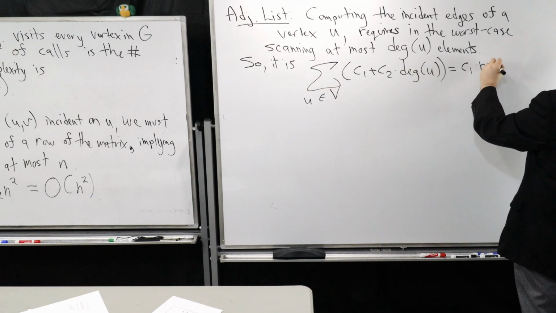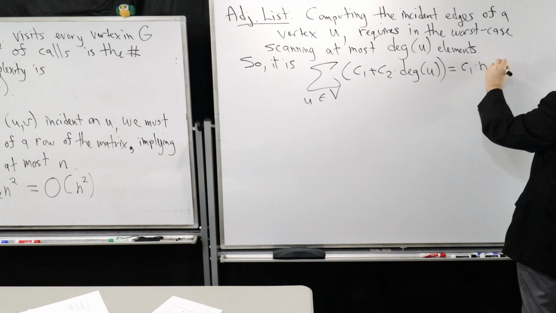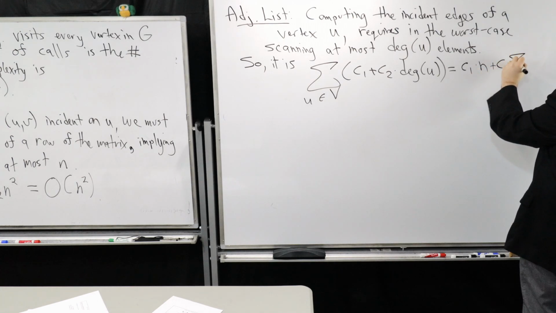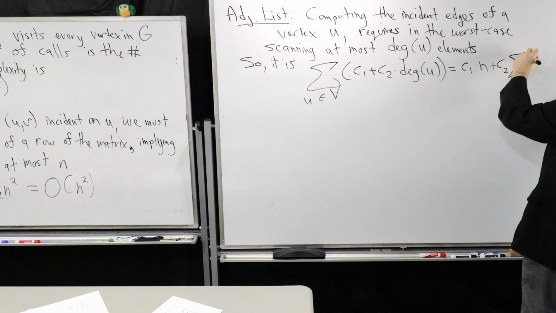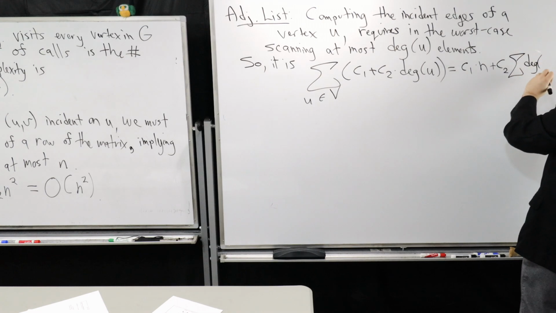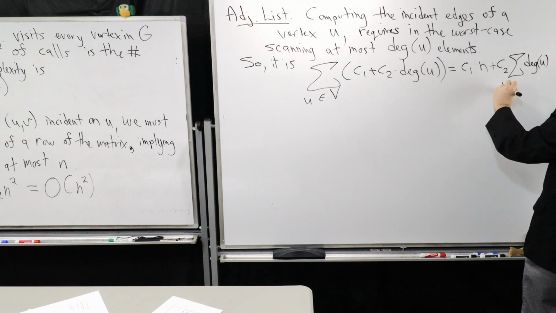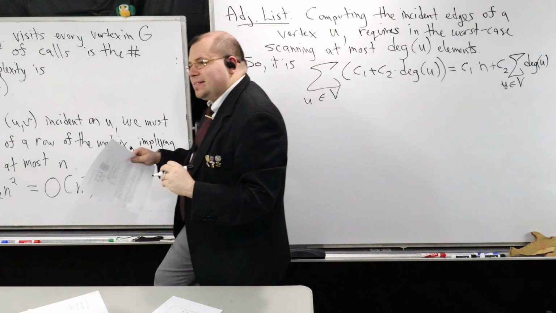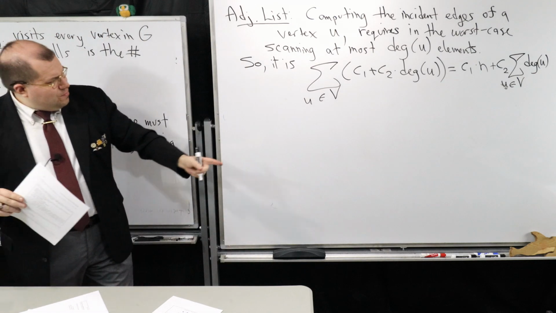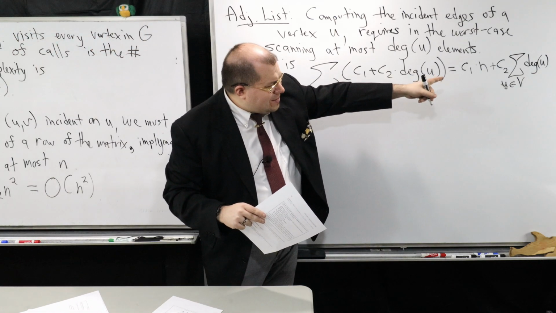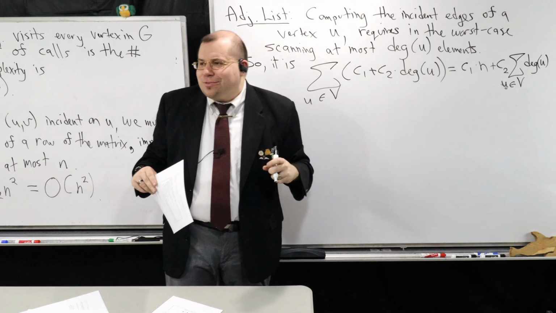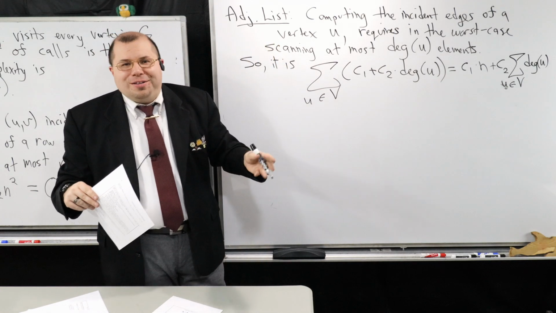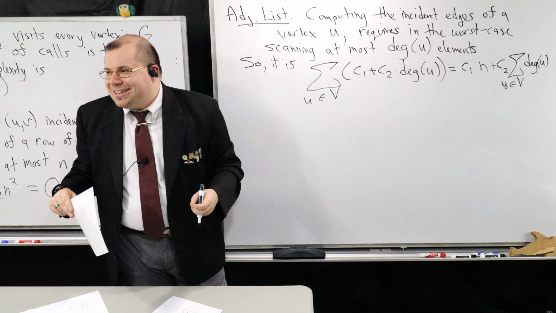So I'm going to write that out more explicitly. So it's going to be C2 times the sum over all of the degrees over all vertices. But what is that? What do I have right there? I told you there's this really cute result, and every once in a while it just sort of pops up.